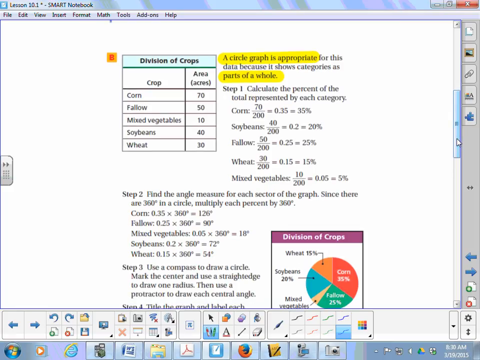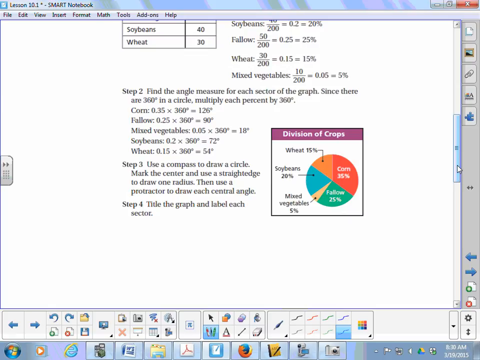Could I also use a bar graph for this one? And it kind of depends on the questions they're asking. Okay? But if I am going to do the division of crops, that would be in a pie chart or a circle graph, because I want to be able to see each sector and how big they are.